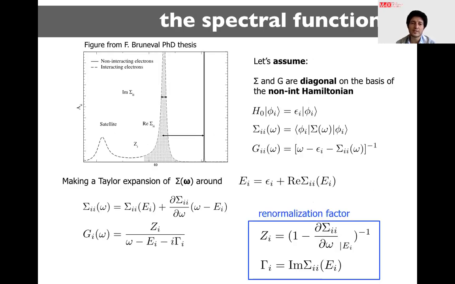Okay, here is the general picture that arises when including excited interactions in the description of the system. So here is this H naught Hamiltonian that is a Hamiltonian for an interacting system, and then we take a self-energy that we assume diagonal for the sake of simplicity on the eigenvectors of the non-interacting Hamiltonian.